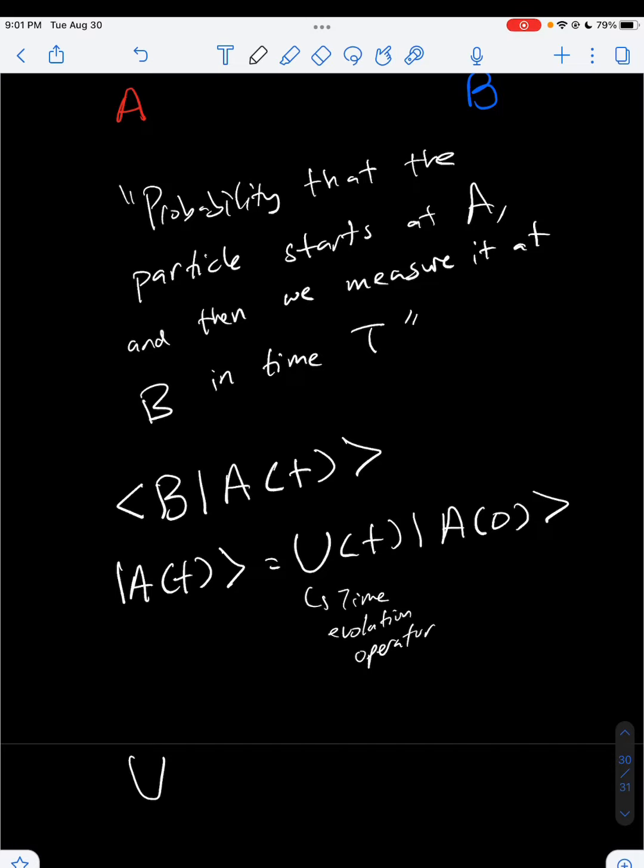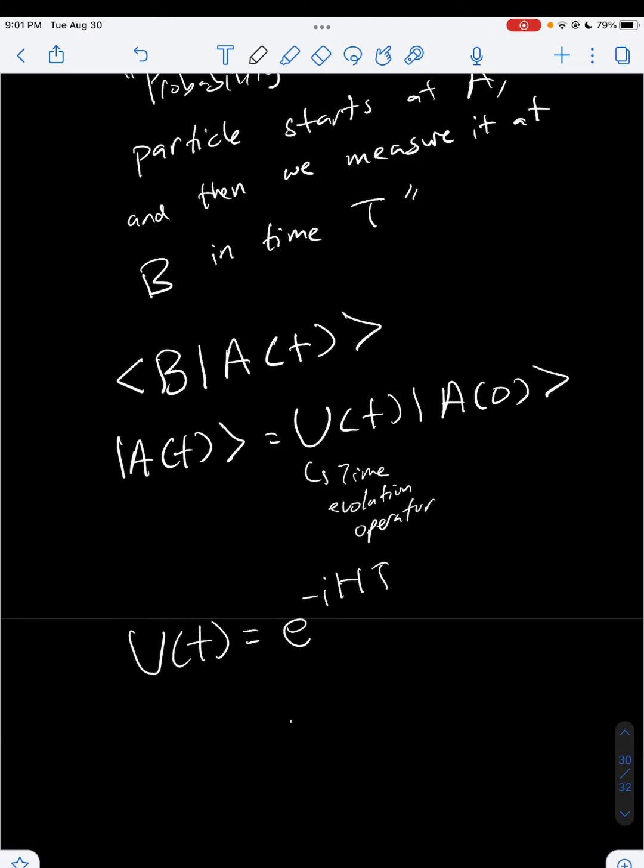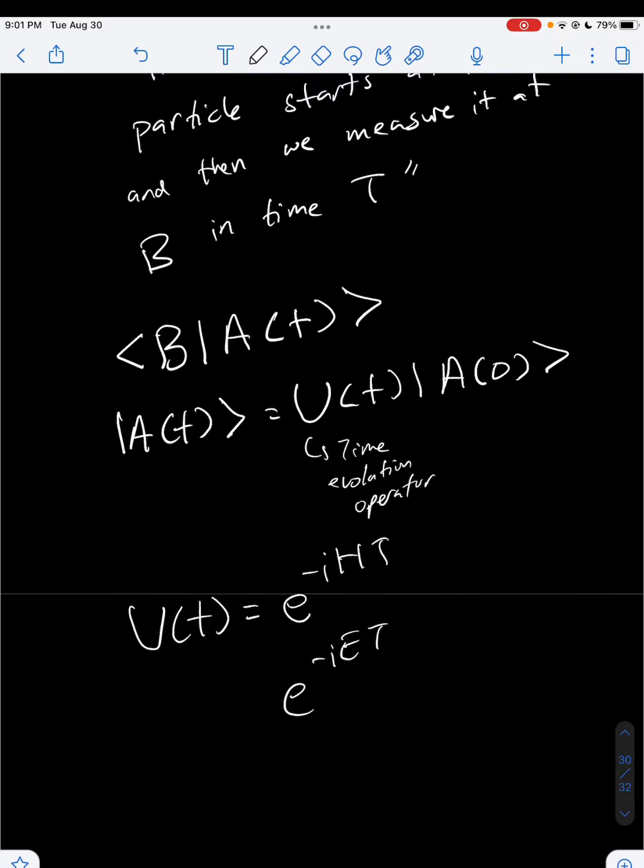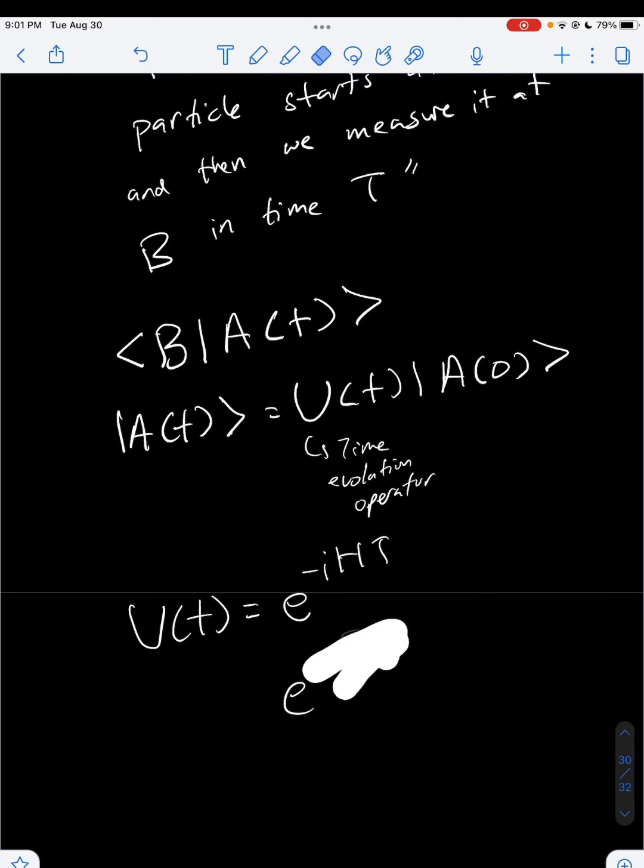And the value for U of t is going to be e to the minus iHt. You might see it written as e to the minus iEt, which is true in quantum mechanics, but we want to use the Hamiltonian for now because it's going to help us out in quantum field theory. So we're going to use e to the minus iHt, where H is the Hamiltonian, which will be our energy when we multiply it by an eigenstate and get our energy observable out.